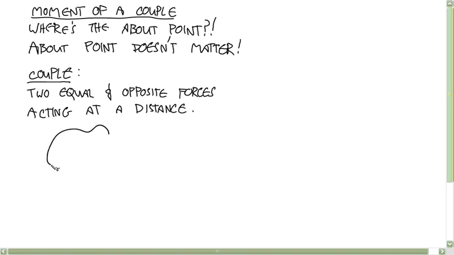So there's some object, and you have some force F, and you have another force F just acting in the other direction, same magnitude. Okay. So they have to be parallel like that. They have to be the same magnitude, and that defines a couple.